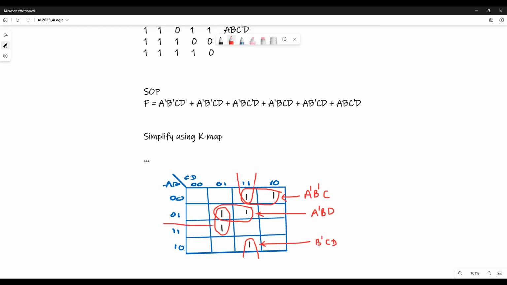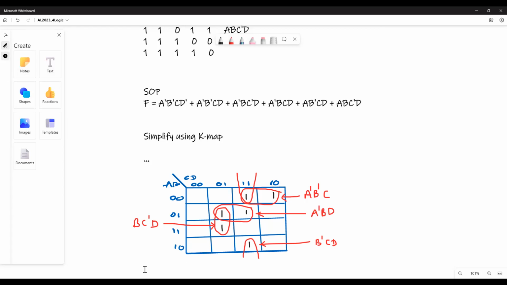And the final one, this one, yes. What we have here is, we'll get B, then we have C dash D, right?